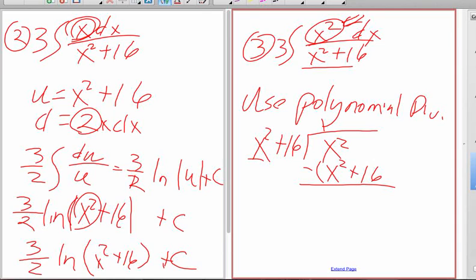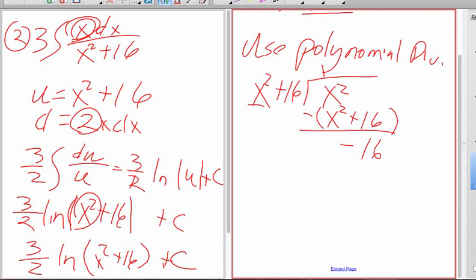Subtract it. It'll give me a remainder of negative 16. So now I end up with 1 minus remainder over... and we got to integrate this puppy 3 times that.